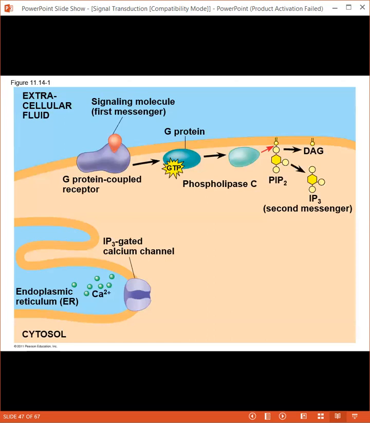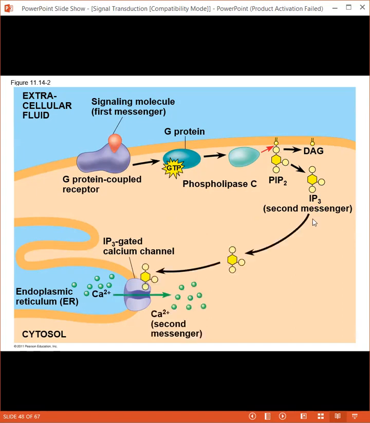So let us discuss this pathway. Here it is. The first messenger binds to the GPCR, which again activates the G protein. It activates phospholipase C, which cleaves the molecule PIP2 into two components. One is DAG and the other is IP3. These two molecules can act as second messengers.